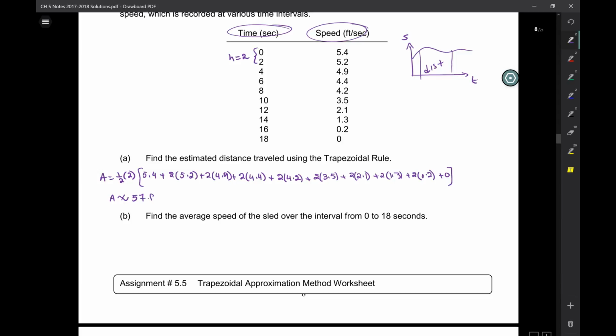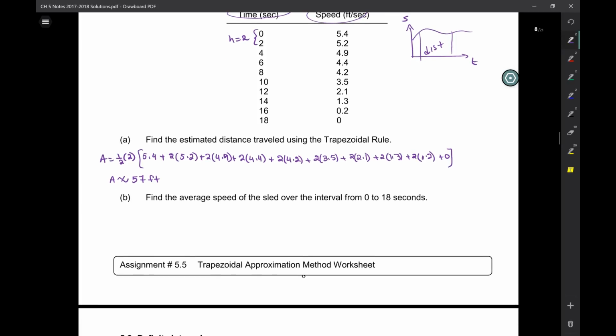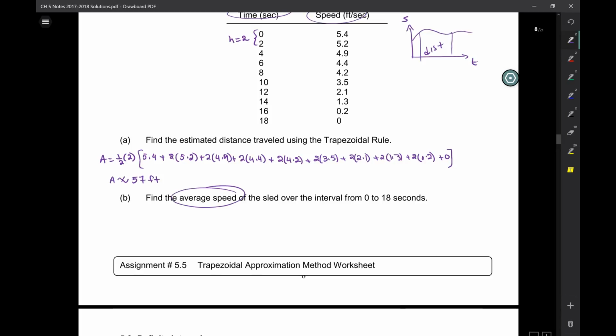So we are going to get about, I believe it's going to come out to 57 feet. I got 64 points. Once we've found that, now it says find the average speed. So average speed is total distance over the total time. So hang on. Let's just talk about the physical meaning of the quantities that we're finding.